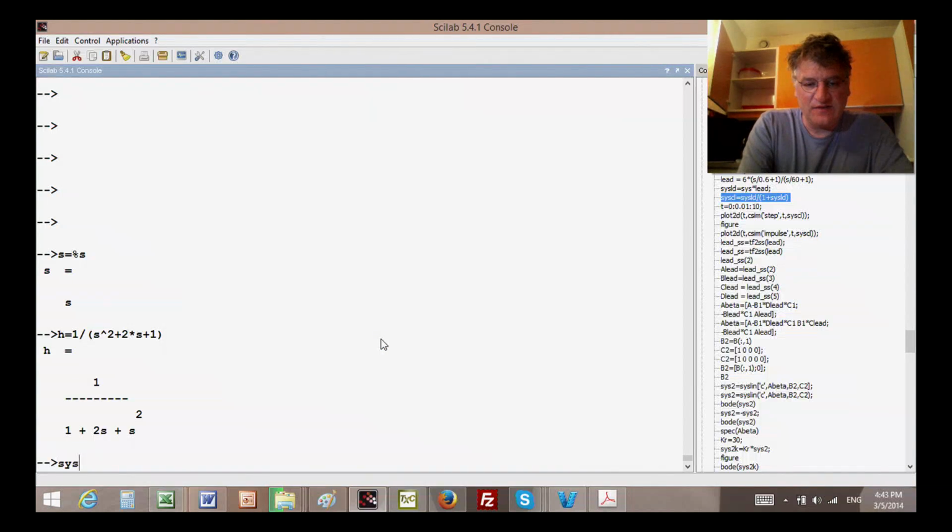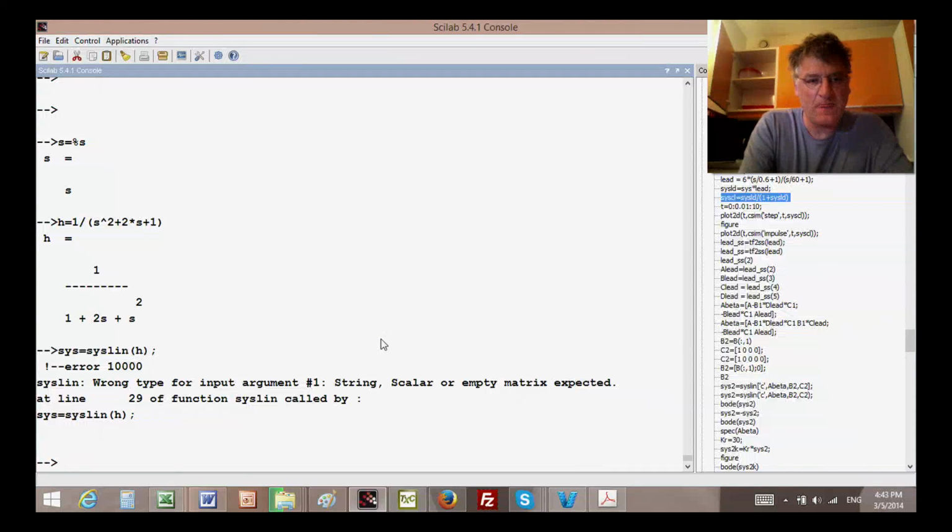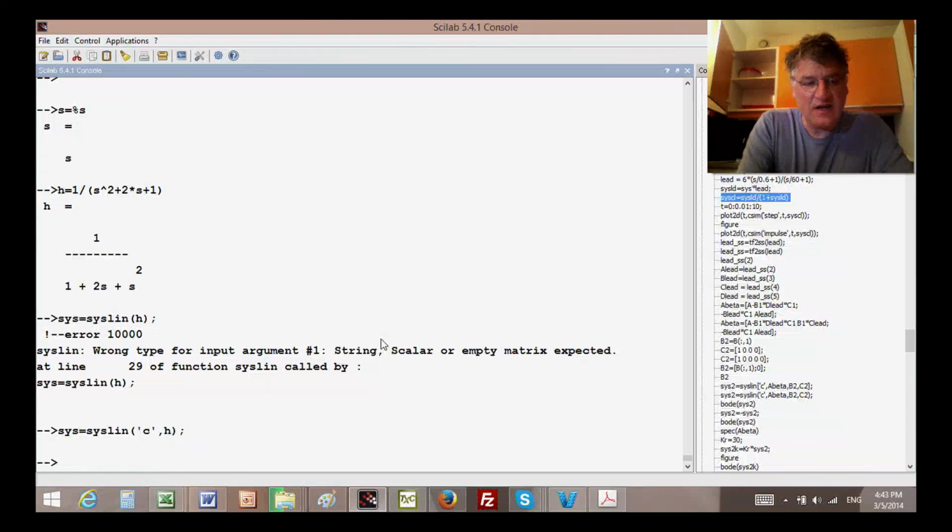I write sys equals syslin of h, oops, I forgot to specify that it was in a continuous time domain, my mistake. And then I can plot the response of that system to an e to the j omega t.